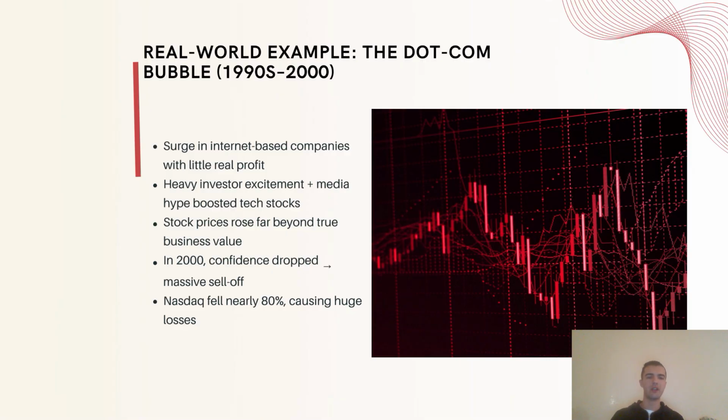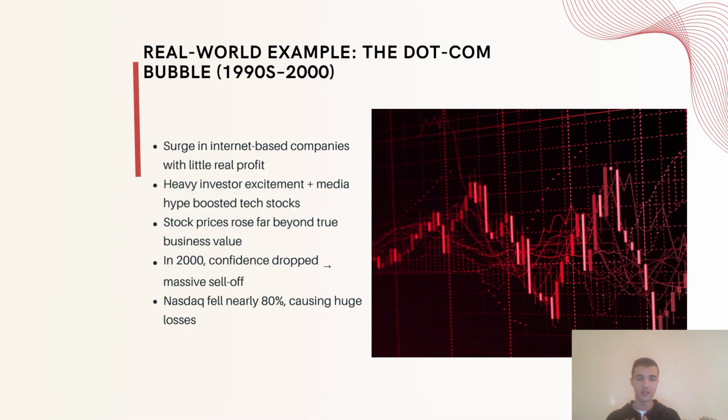Going to the real world example, there is the dot-com bubble. Let's take a look at this famous example, the dot-com bubble in the late 90s and early 2000s. During this period, there was a huge wave of excitement around internet companies. Many of these businesses had little or no profit, in some cases not even a clear business model. However, investors were extremely optimistic about the future of the internet.